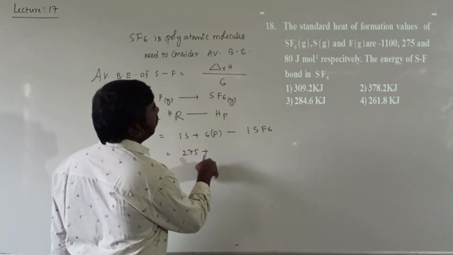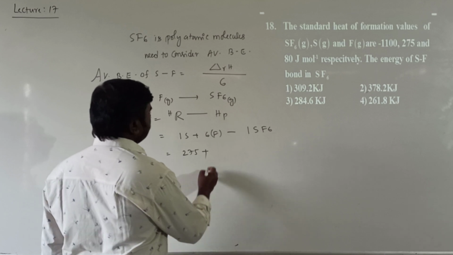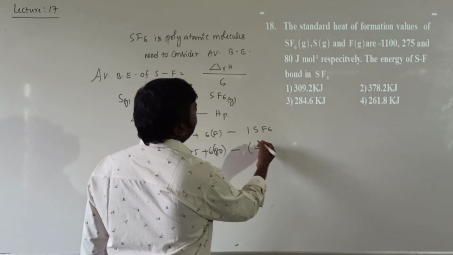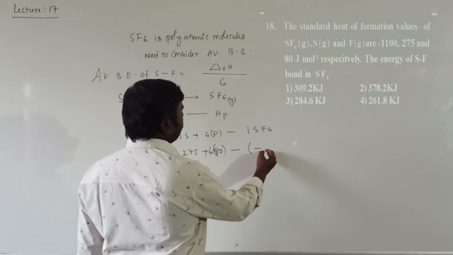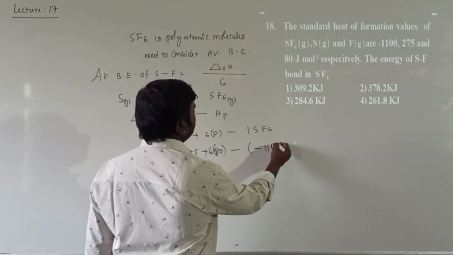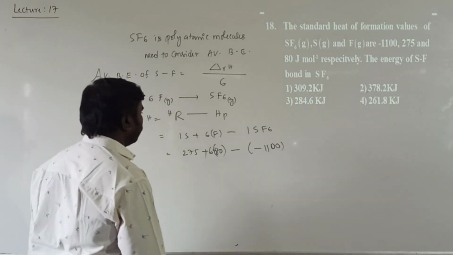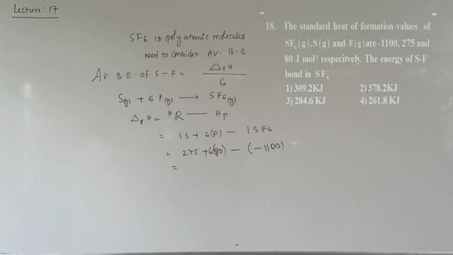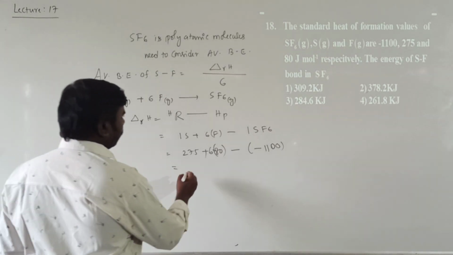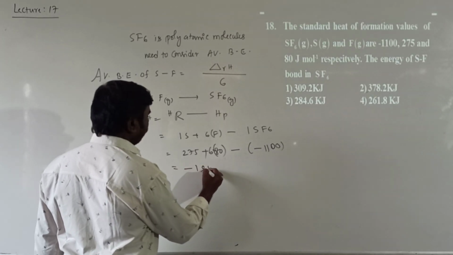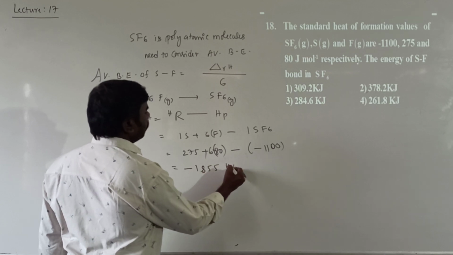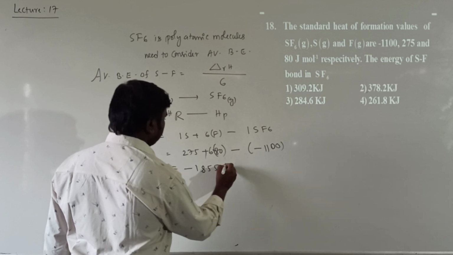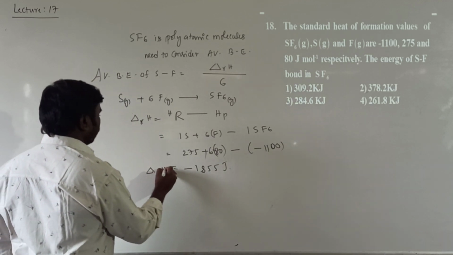Then 1 sulfur formation is 275, plus fluorine value is 80, 6 into 80, minus the SF6 value, which is 110, right? By solving this, you will get the value minus 1855 kilojoules, that is the reaction enthalpy, students.